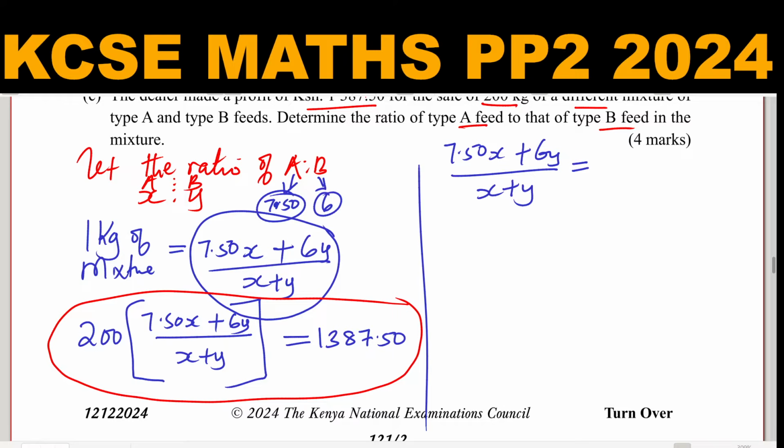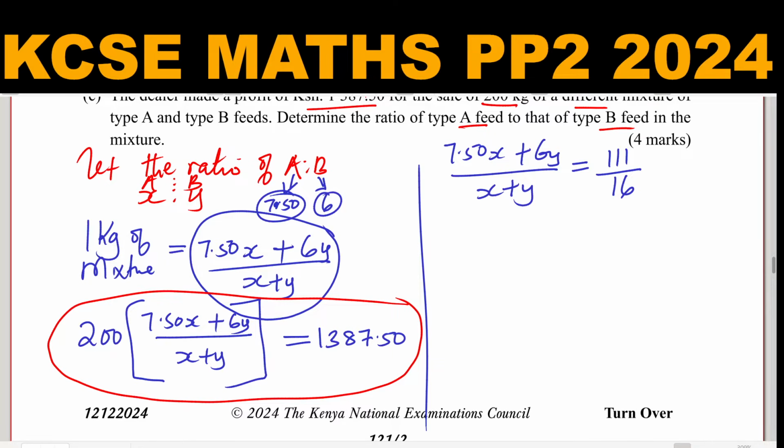I'll leave this in the form of a fraction. Using our calculator, leaving it in the simplest form to make the workings easier, it will be 111 divided by 16.